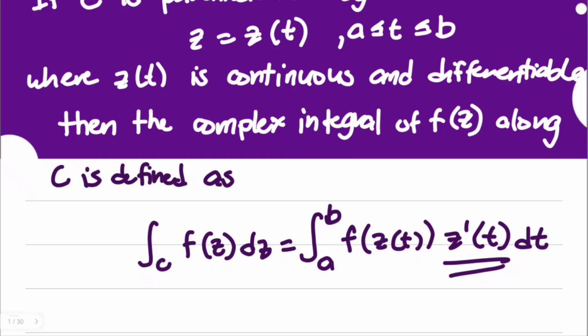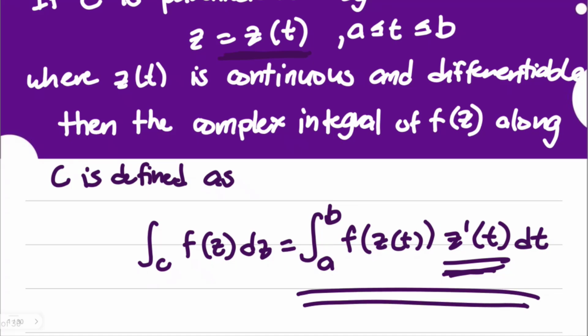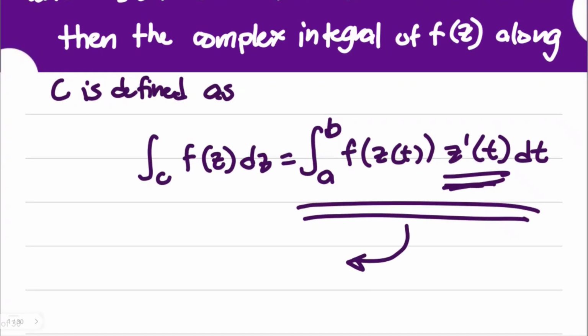Instead of f of z, it will become in this form now in terms of t, then multiplying by the derivative of your z of t, then integrating with respect to t.